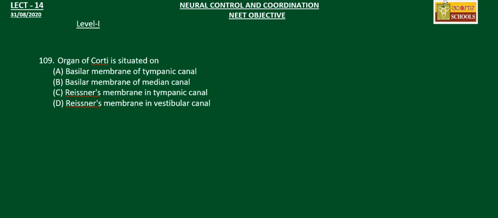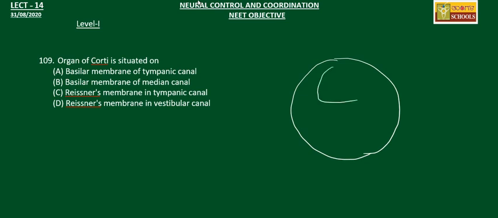So the next question, organ of Corti is situated on. We know that it's the cochlear region that is mainly responsible for the auditory function. So when we take the transverse section, inside we find three separate chambers. So we'll see.